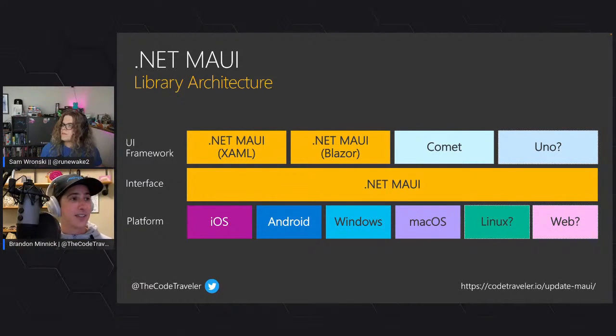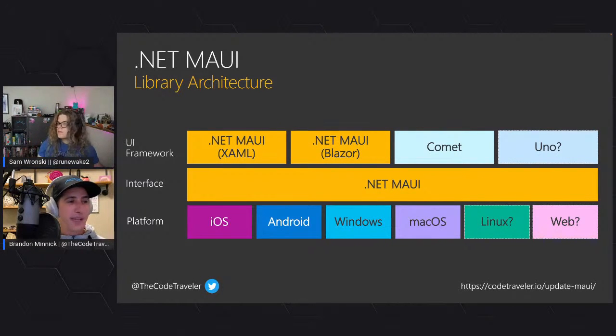So again, as long as the UI framework implements those same interfaces, the .NET MAUI engine doesn't really care, because all it knows is I know how to make a UI button out of an iButton on iOS. I know how to make an Android widget button out of an iButton on Android. And so what that's enabled us to do is create new UI frameworks, which is really exciting.